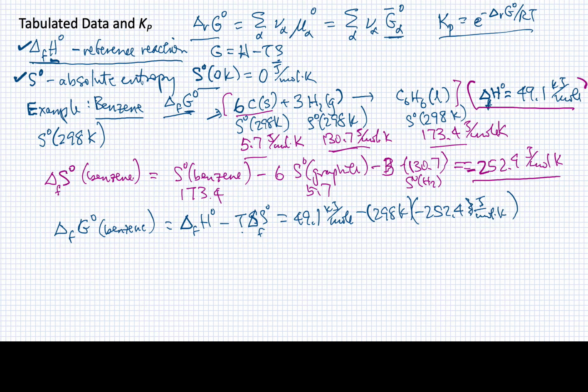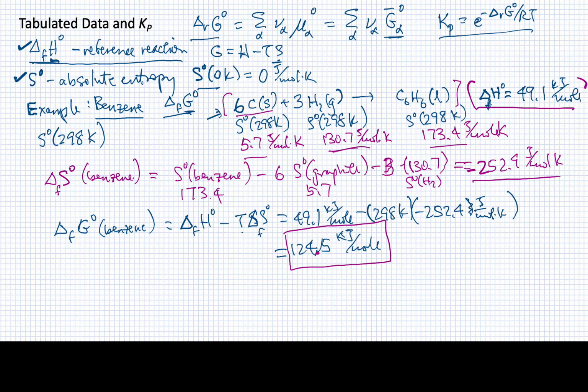All right, so when I figure all this out, I'll end up with a value of 124.5, and this is in kilojoules per mole. All right, so this represents the free energy of formation for benzene. There's a decimal point there.